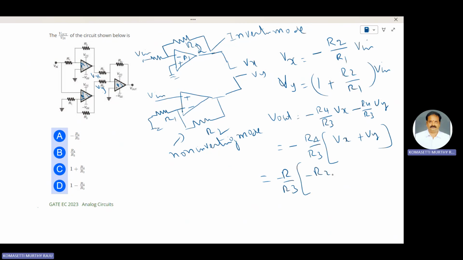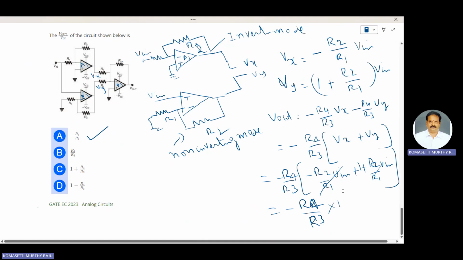Vx is minus R2 by R1 Vin, and Vy is 1 plus R2 by R1 Vin. Minus R2 by R1 Vin plus R2 by R1 Vin cancel, so the R2 by R1 Vin terms cancel out. Therefore, it is R4 by R3 into 1. The answer is minus R4 by R3.